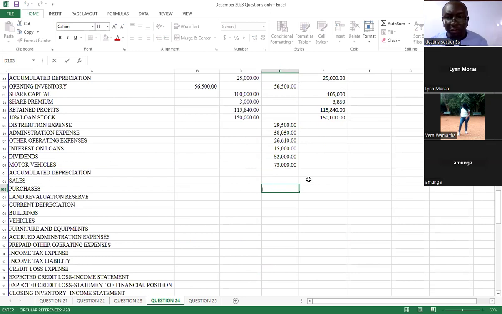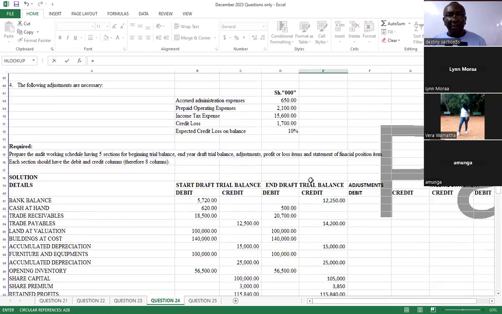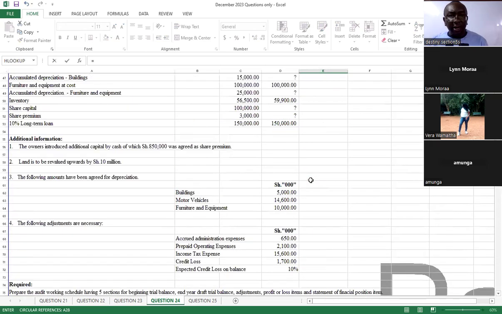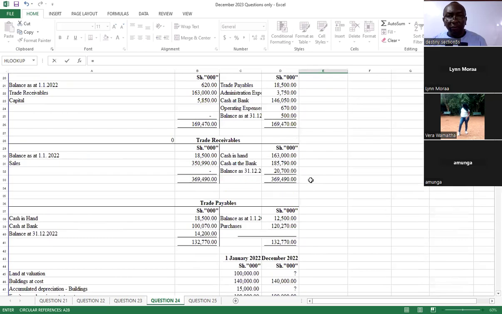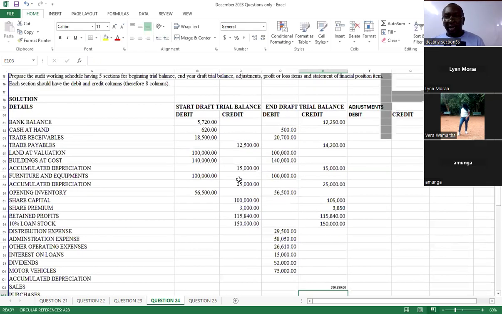Sales is supposed to be here. Is no, the accumulated depreciation for the motor vehicles, which you have not computed so far. So that one we leave for now. Then we come to the sales. Sales, we captured them from where? From this account here. So you enter.